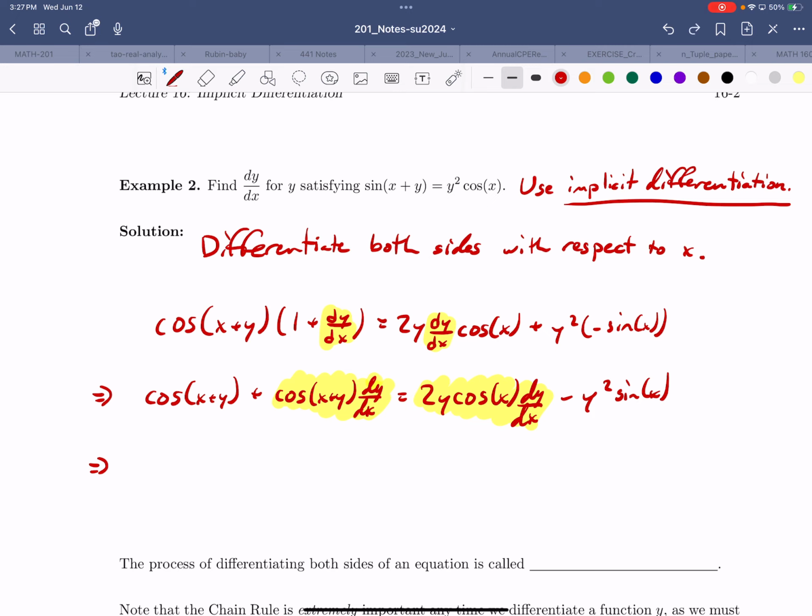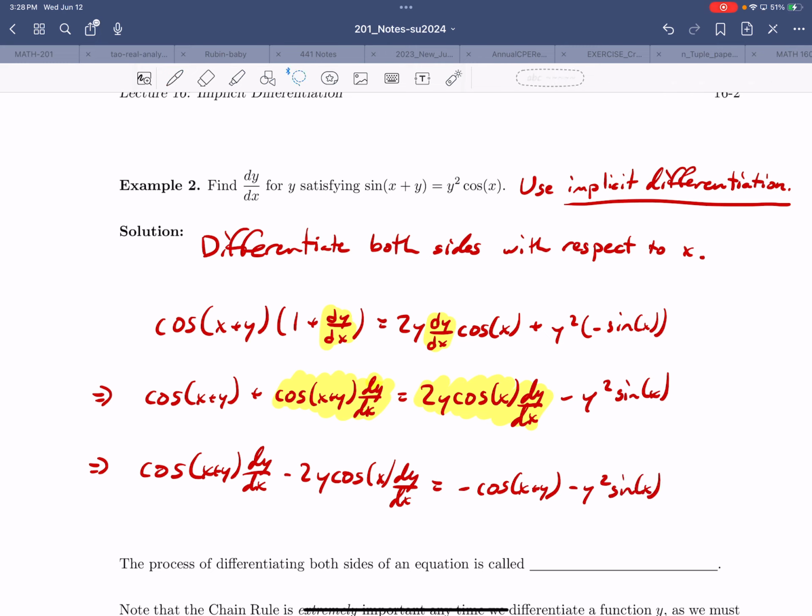We'll have cosine of x plus y dy over dx minus 2y cosine of x dy over dx equals, now I'm going to subtract this over to the right side, so it'll be negative cosine of x plus y minus y squared sine of x.